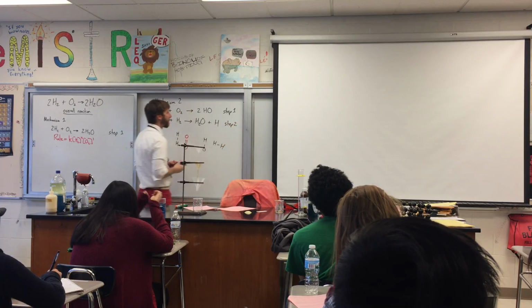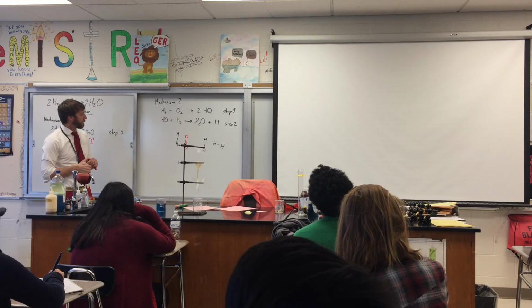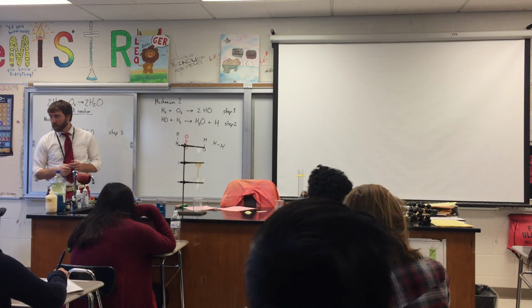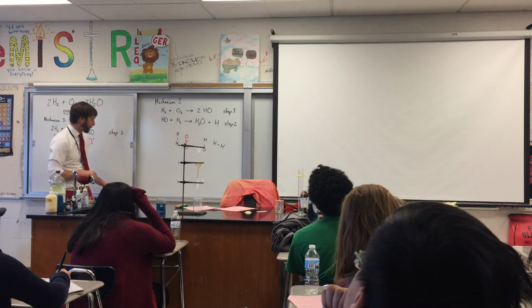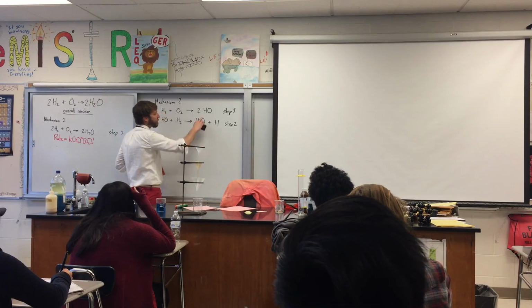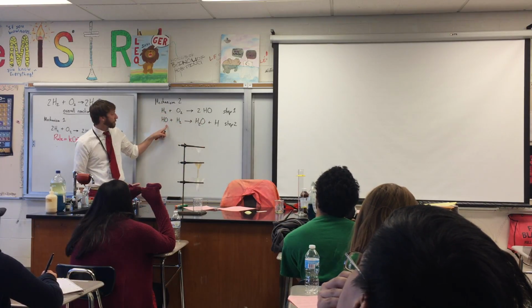This would be step 2. Okay? But we're not done because we've only made 1 H2O. We got to make 2 H2Os, right? In addition, we've made 2 HOs in step 1, but we only used one of them up.